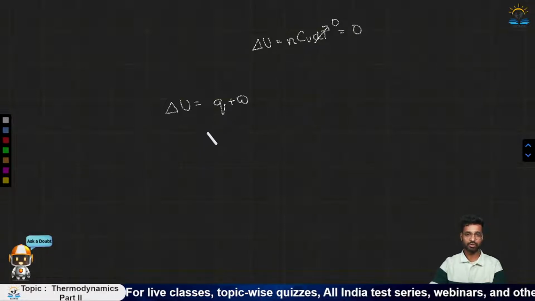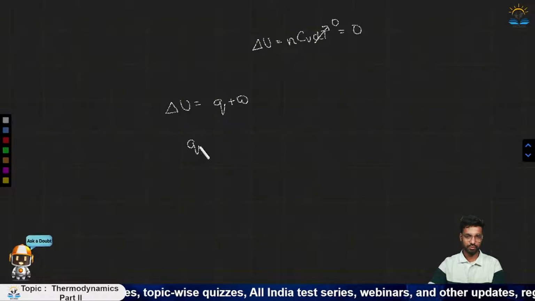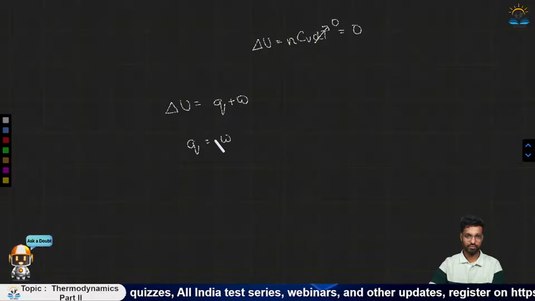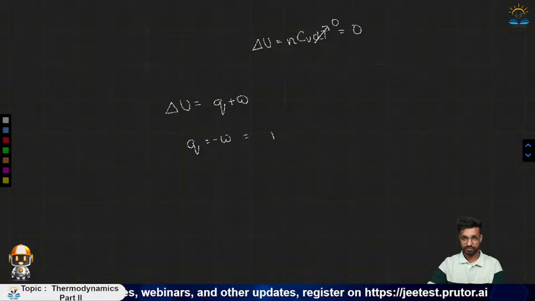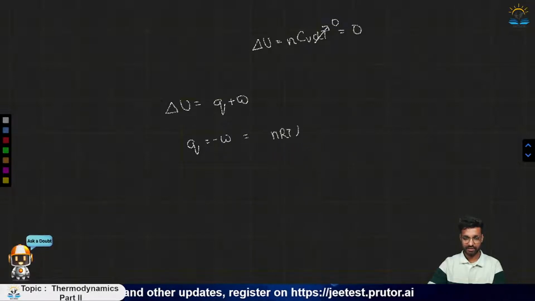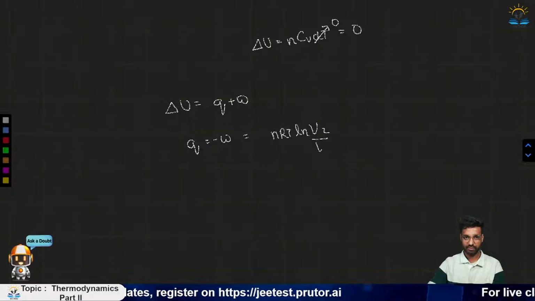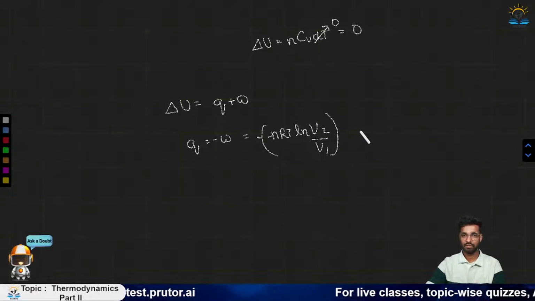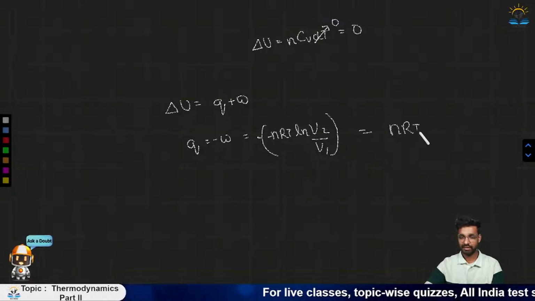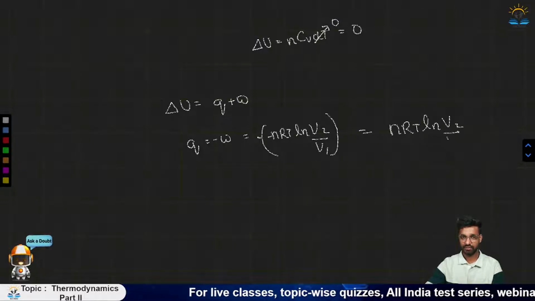Now delta U is equal to Q plus W. Therefore, Q is equal to minus W. And we know that for a reversible case, it is nRT ln V2 by V1 with a negative sign, so overall nRT ln V2 by V1.